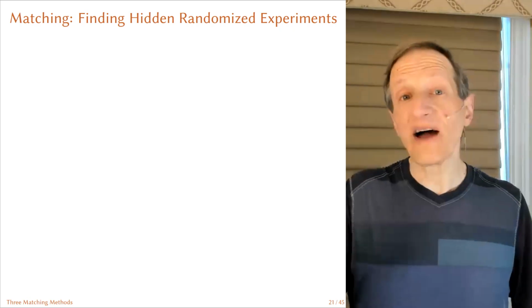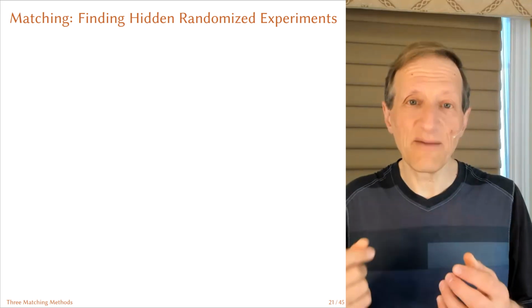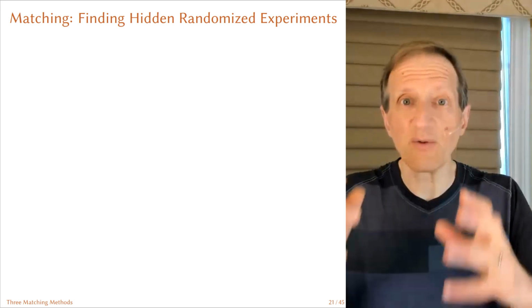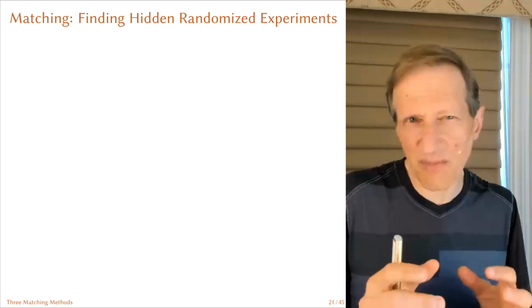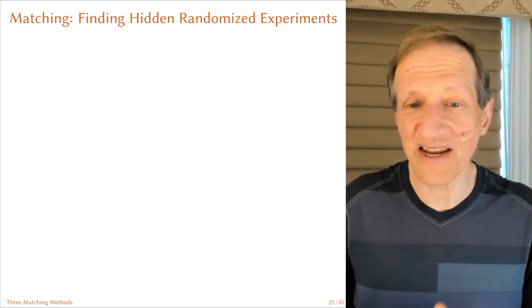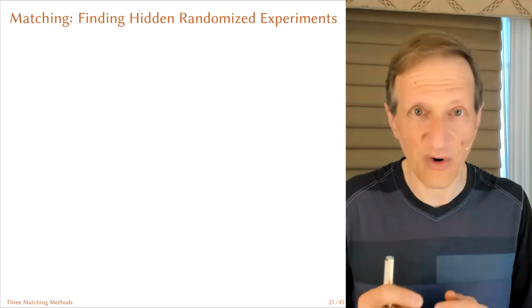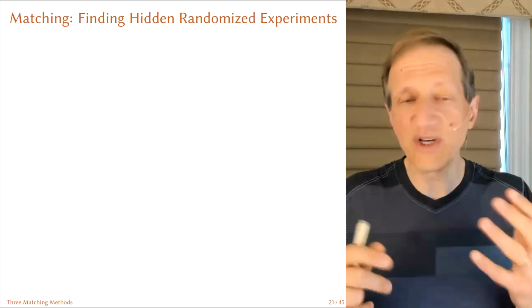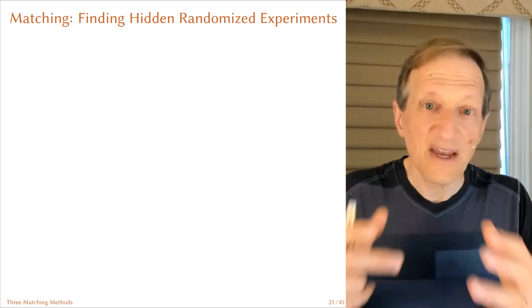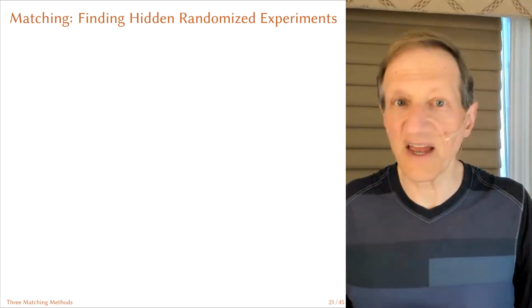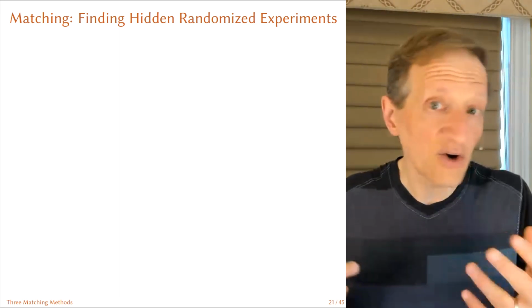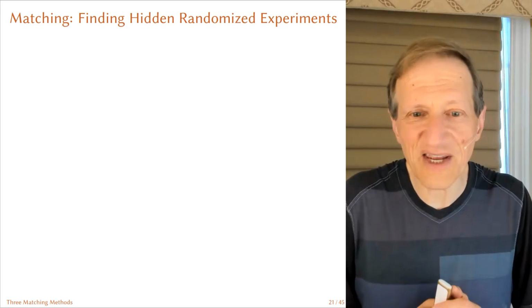So if we're going to talk about matching as a method of pruning observations so that we can find a beautiful experiment hidden inside an observational data set, we better understand exactly what type of experiment we're looking for. Now, a few lectures ago, we did talk about all the different types of experiments and observational studies and other types of research designs. So go back and have a look at that if you missed it.